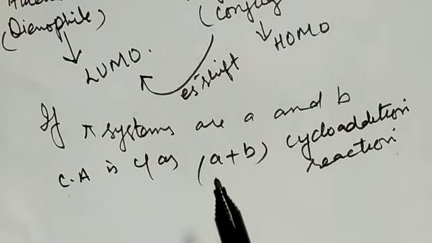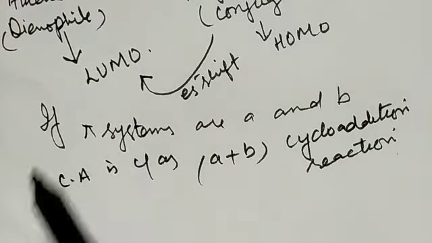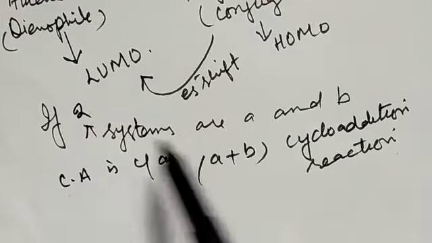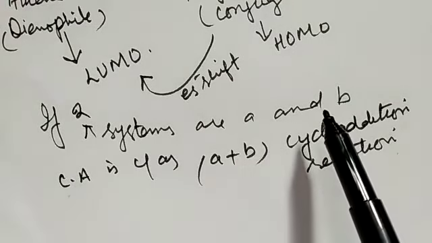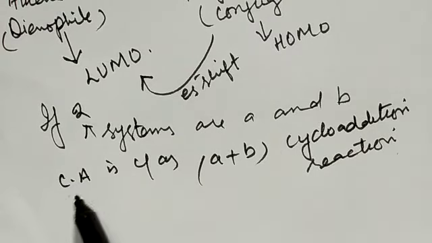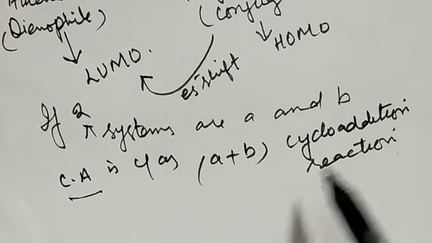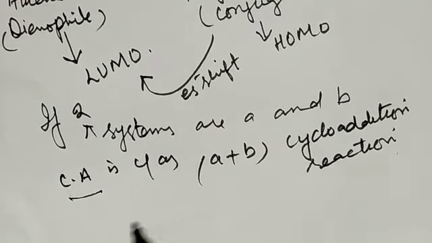I once again repeat, if two pi systems are A and B, then the cycloaddition is called an A plus B cycloaddition reaction, right?